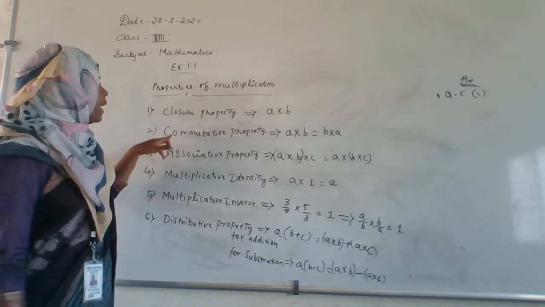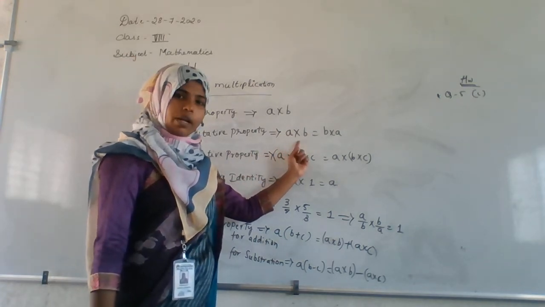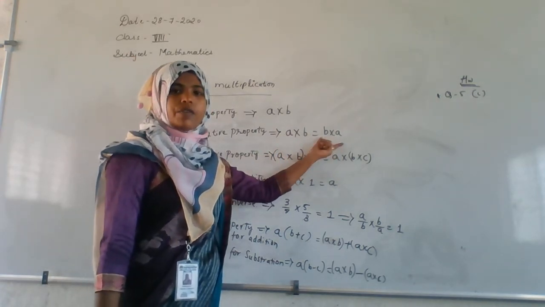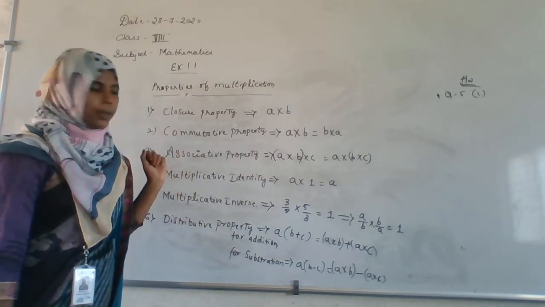And the commutative property: the multiplication of two numbers in either order gives the same answer.